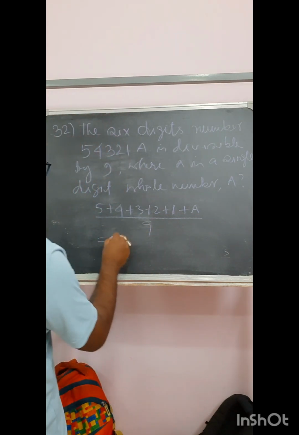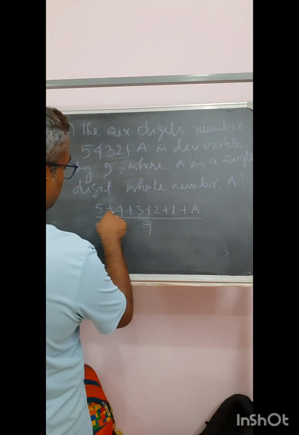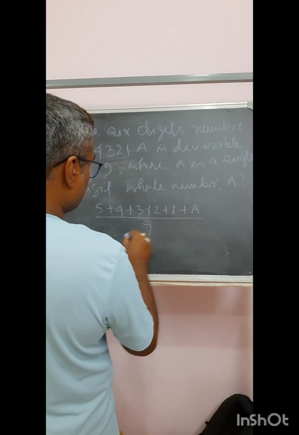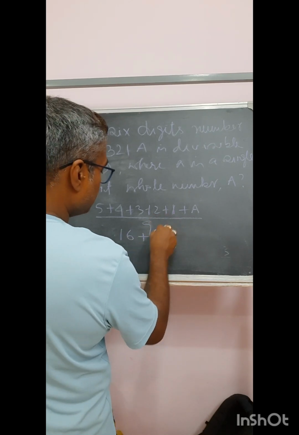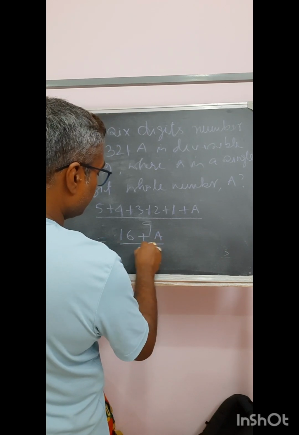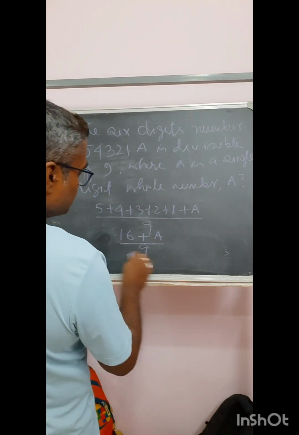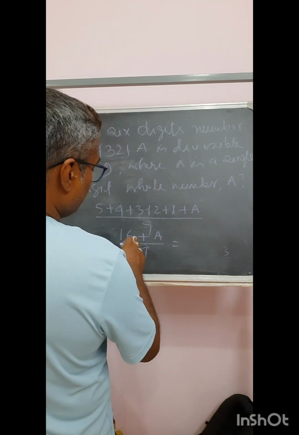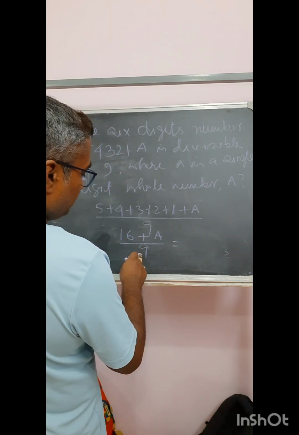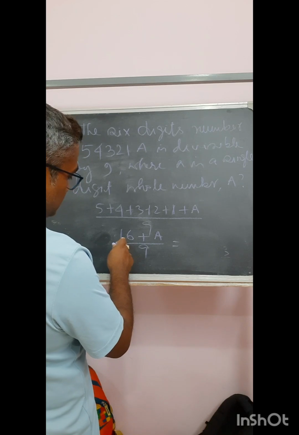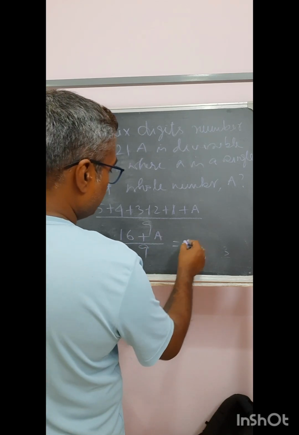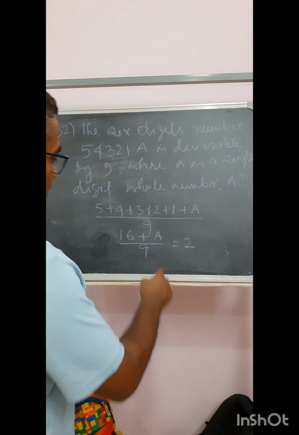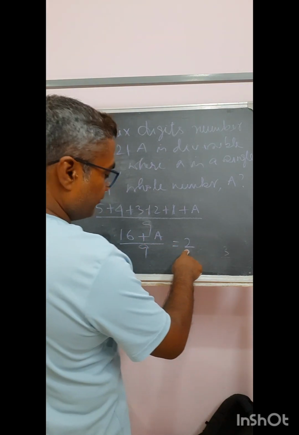Now let's see what I get in the numerator. It is 9 plus 15 plus 1, 16 plus a, by 9. Now it cannot be 1 because it is crossing 16. So the next integer after that, I would get 2 definitely.